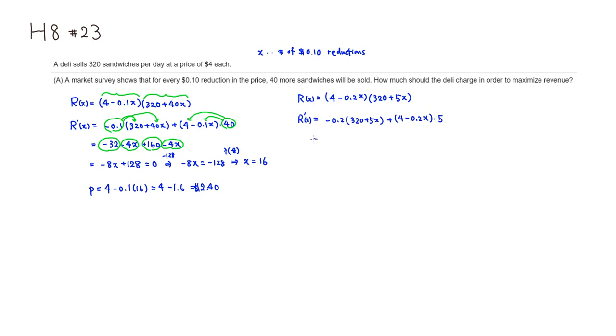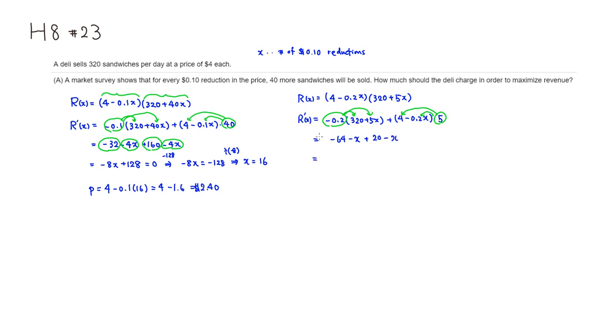If you distribute negative 0.2 to both terms, we get negative 64 minus x, plus 5 times 4, which is 20, minus x.